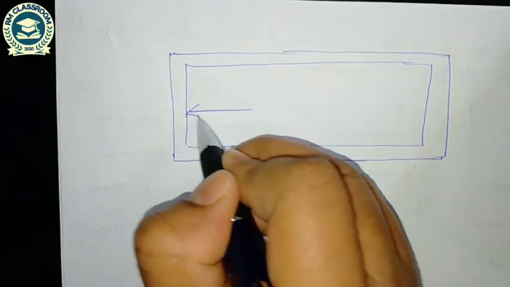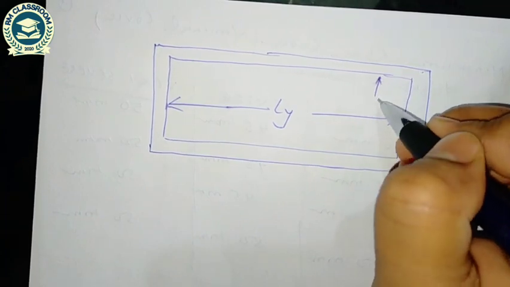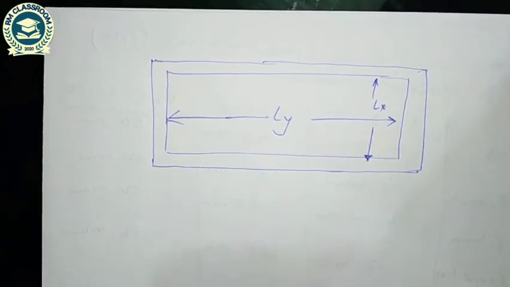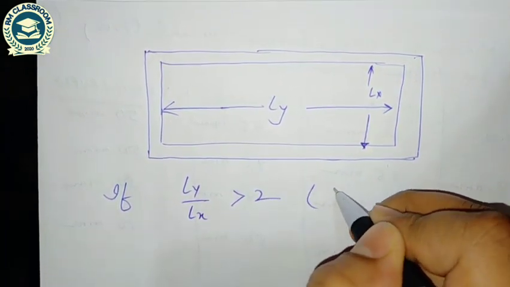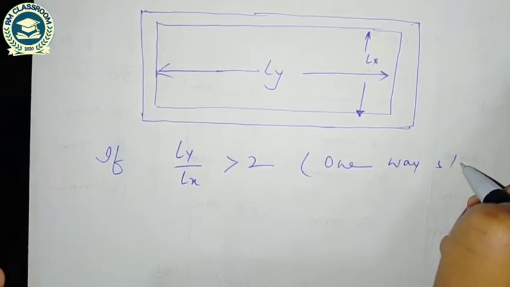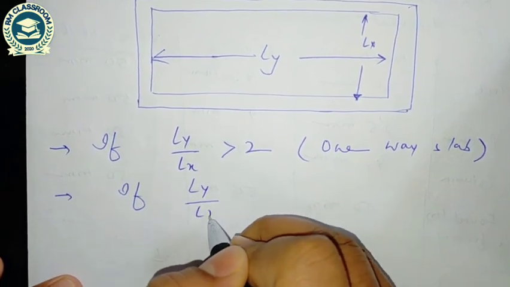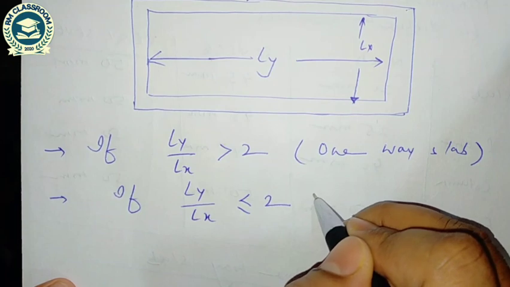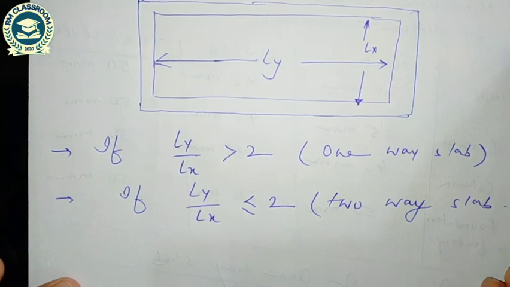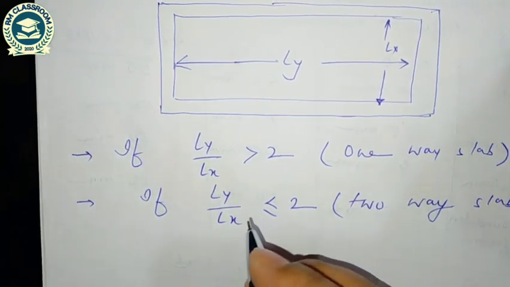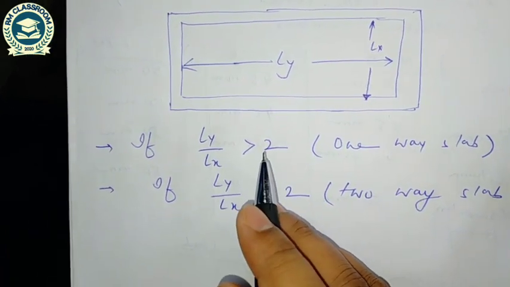If this is Ly and this is Lx, so if Ly by Lx is greater than 2, then we have to design it as a one-way slab. If Ly by Lx is less than or equal to 2, then we have to design it as a two-way slab. Here Ly and Lx are the longer span and shorter span.